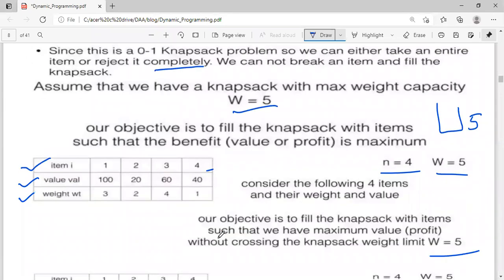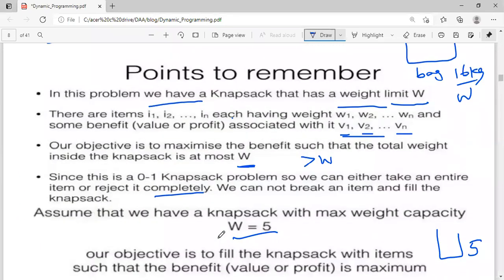We need to remember that in every knapsack problem, whether you go with the greedy method, dynamic programming, or the branch and bound method, the same problem can be solved with different methods. In all three methods, the knapsack problem has three things.